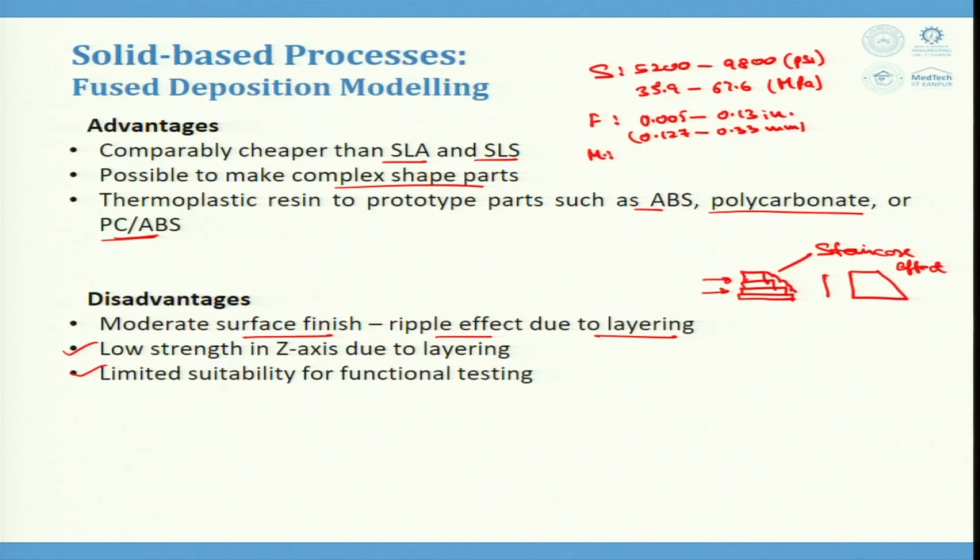And the materials I have already mentioned, it could be ABS, polycarbonate, and so on. The representative machine that is giving this strength and this finish is Ultimaker MakerBot, and the model name is Method X.